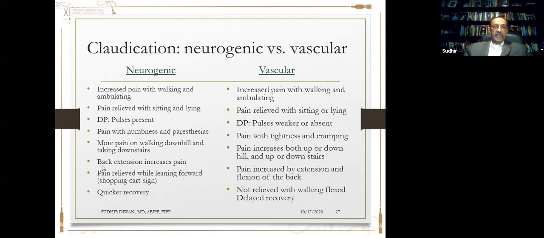In neurogenic claudication, back extension increases the pain. In vascular, it doesn't matter whether you have extension or flexion. The other very important thing is the recovery. Neurogenic claudication recovers very quickly, while vascular is an organic, structural, perfusion problem, so it takes a longer time to recover.